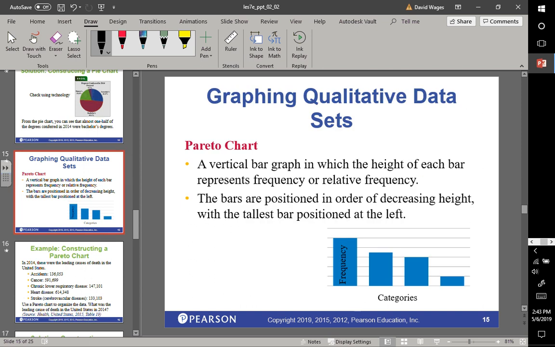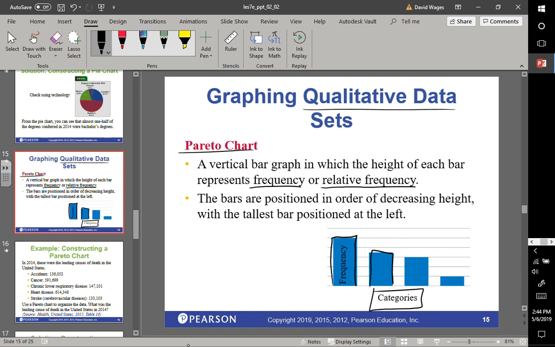Another chart that we use for qualitative data is known as a Pareto chart or a Pareto diagram. And Pareto charts use the relative frequencies, sometimes the frequencies, but the horizontal axis are categories. Each category has its own bar.